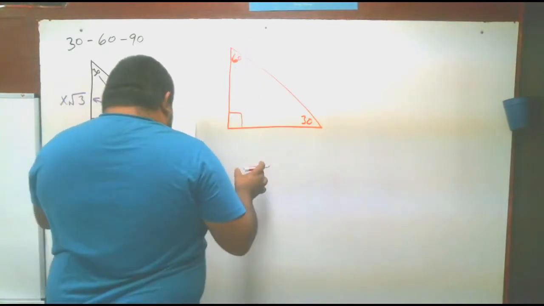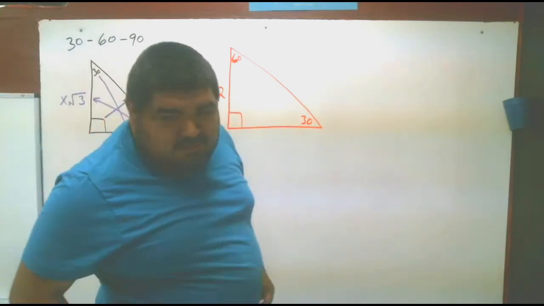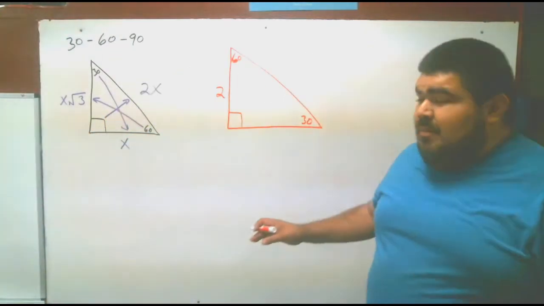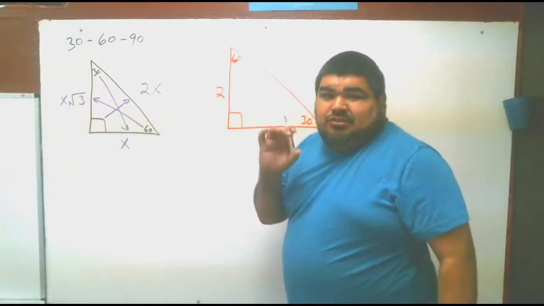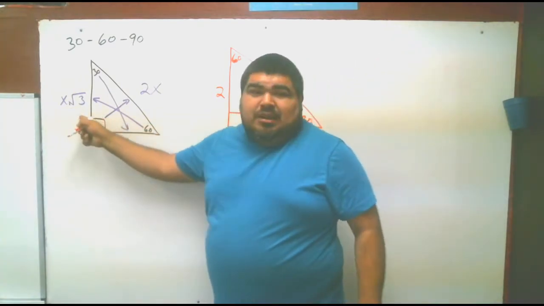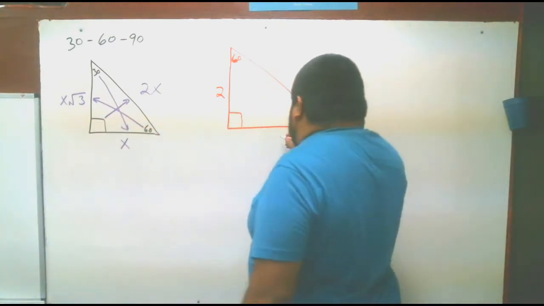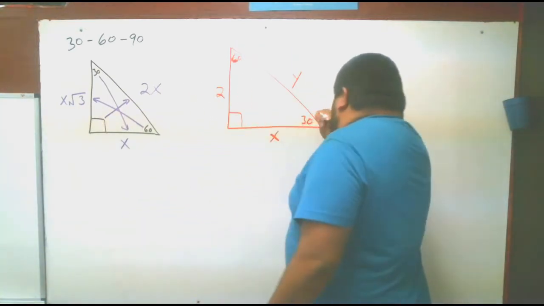Alright, if we have 2 on the leg there, keep in mind, across from 30, we just have x, just the number. Across from 60, we have the number times radical of 3. We're going to say that's x. We're solving for x, and we're solving for y.